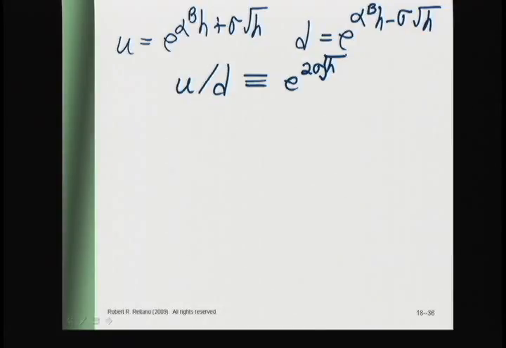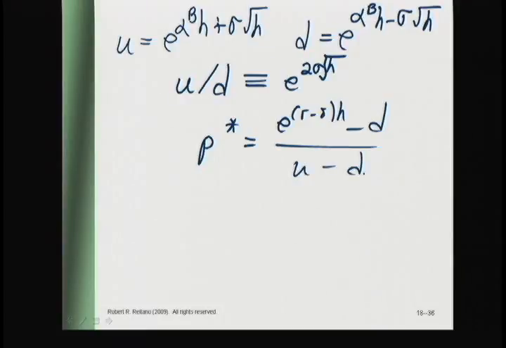The point I just made a moment ago then was that because p star is defined as e to the (r minus delta) h minus d, over u minus d, as I use different alpha binomials, the u and the d change, and so does the p star.